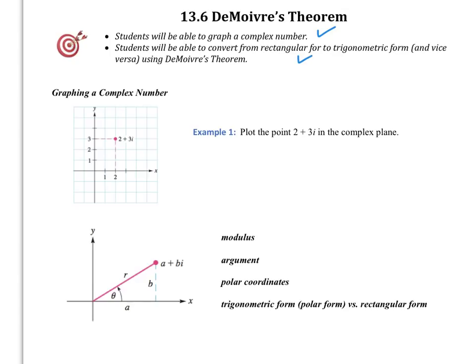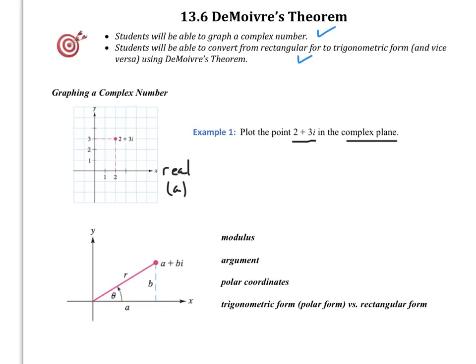All right, so first thing that we need to understand, and this is going to help us when we get into understanding our modulus and argument. If I give you 2 plus 3i, remember that is a complex point. It's in the complex plane. Well, what do we mean by the complex plane? The x-axis is known as your real axis, and that is your a part.